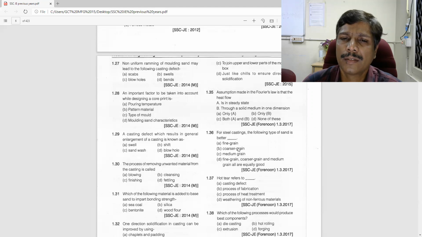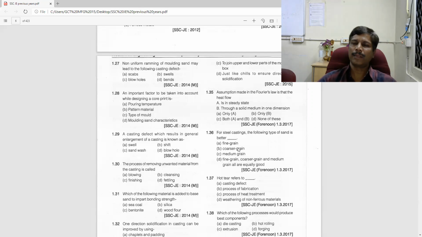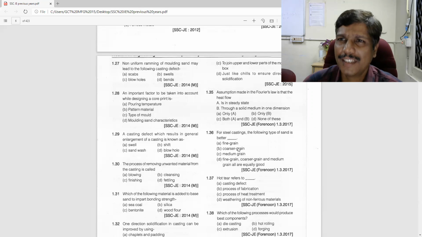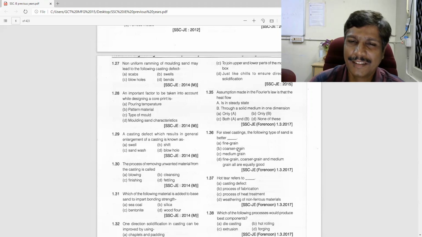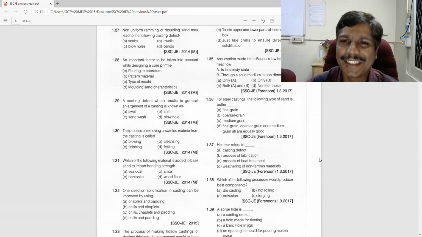How do you remember? In steel, coarser grain. When you cut the S, what is the top portion? It is C. So C for coarser grain. Thank you.